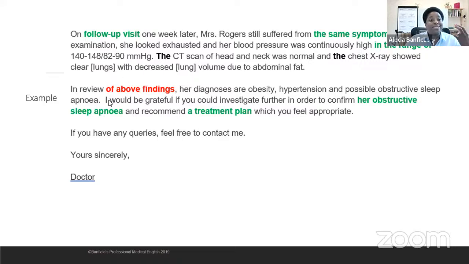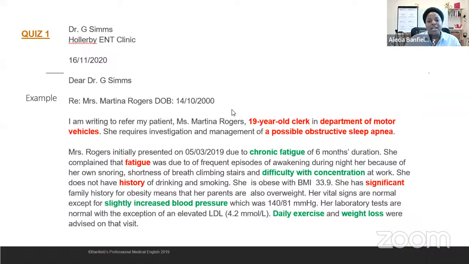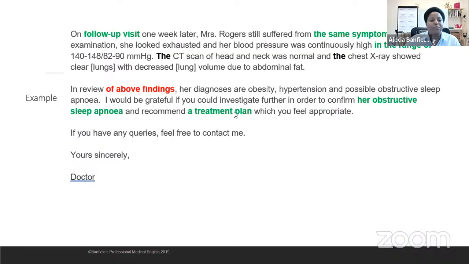Ask yourself, discuss with someone you're studying with, or ask your tutor to go through this letter and pick up any other grammar issues, and use it like a little grammar exercise, okay?